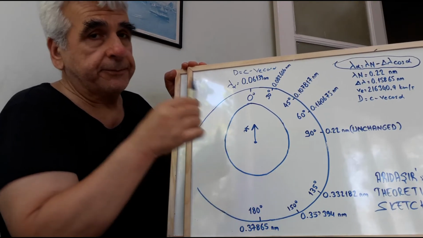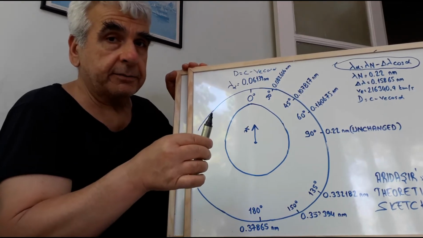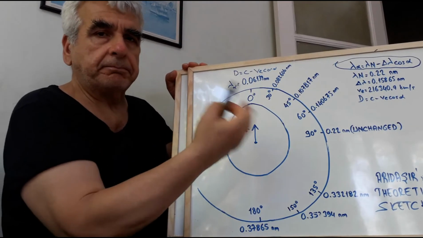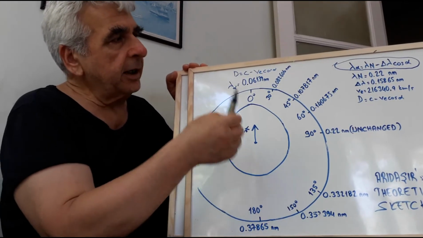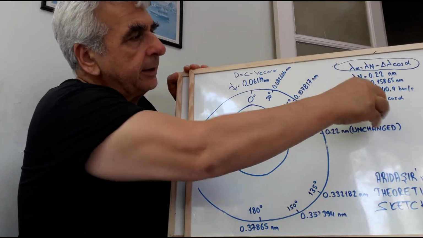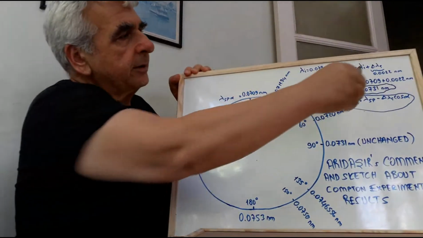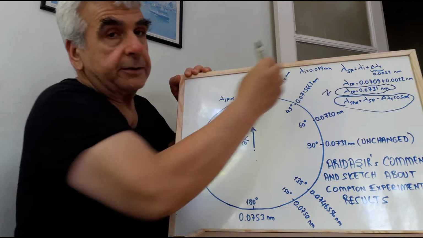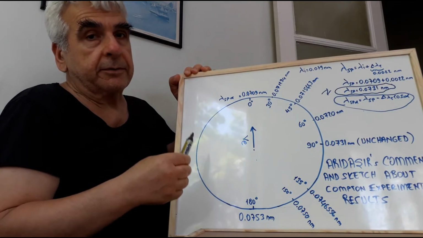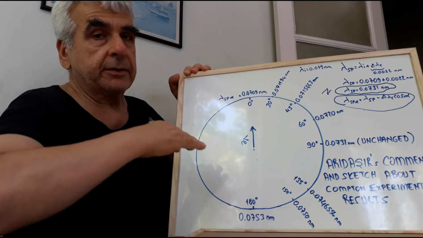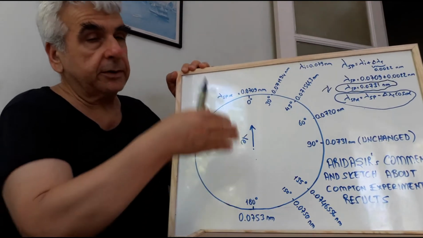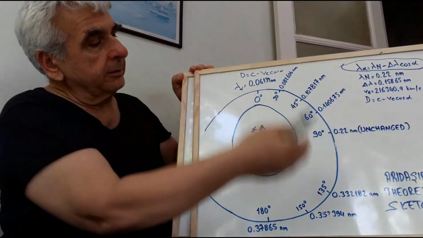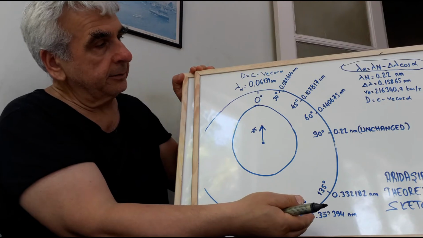If the electron motion form is at rest, we cannot see this angular change, and we cannot see delta lambda, and we cannot see 0.0022 nanometer. We cannot see. This is the relationship between the Compton experiment results and my theoretical results.